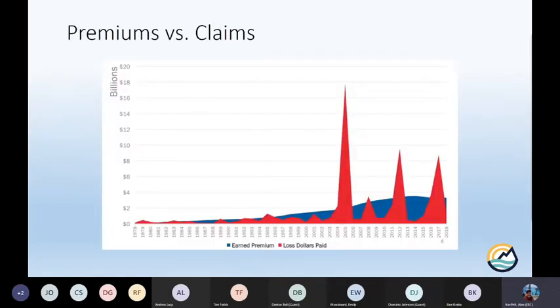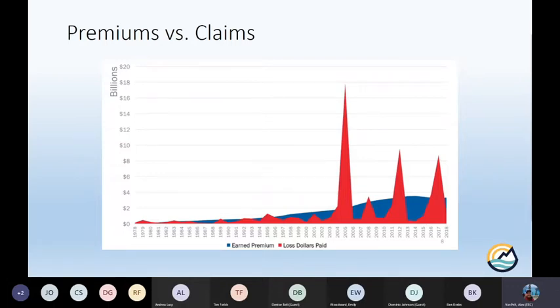I took this from a FEMA presentation showing premiums collected under the NFIP, that's our blue bar on this graph, versus the payouts from the program. And you can see up until the early 2000s, the program was pretty much revenue neutral.